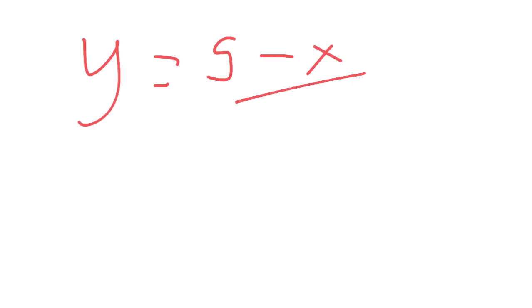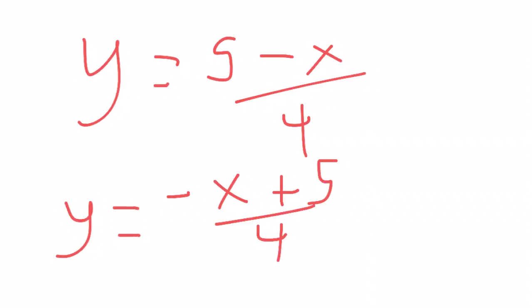Now, I would like to illustrate something about part B. 5 minus x over 4. Normally what we would do is we'd put the x first. So it'd be negative x. Since it's positive 5, it'd be plus 5 over 4.